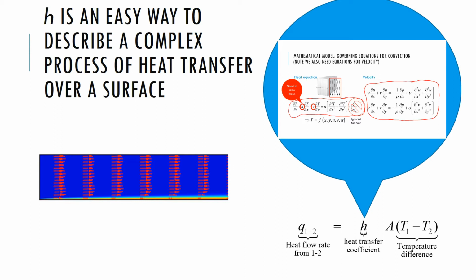So this being quite complex, we want to replace all of that by this magic called H. So we have to define it properly, and we have to realize that H then includes all of these flow effects and heat transfer effect, which means factors such as flow geometry, type of flow, all that is included in H. So it is not some sort of a material property. It really characterizes all the details of the flow.